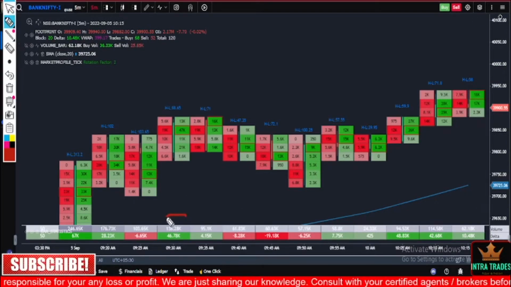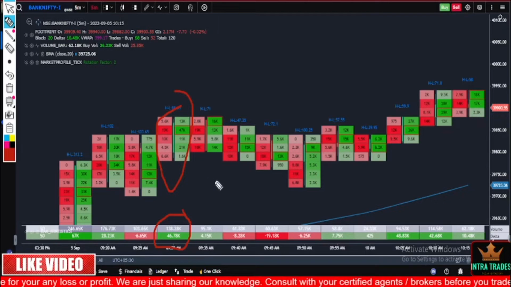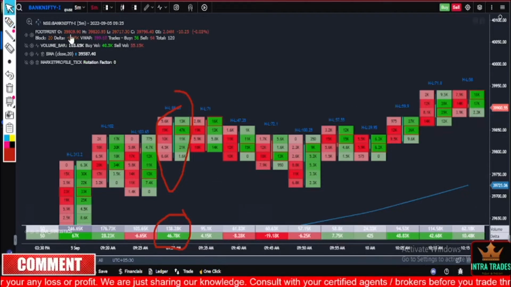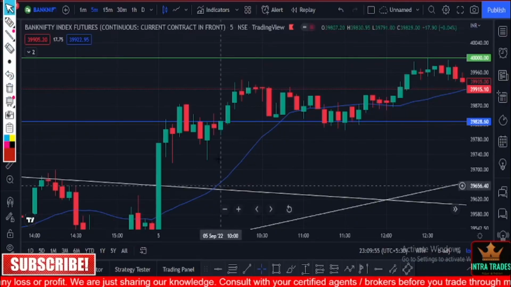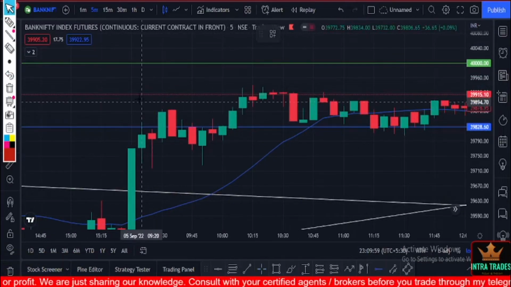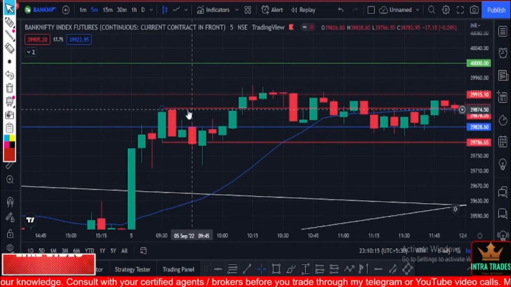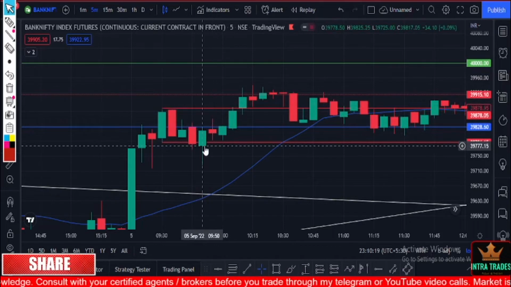I found that there is big buying in that candle. Now I have to wait for an entry. This is going to be my entry, and this is going to be my stop loss.